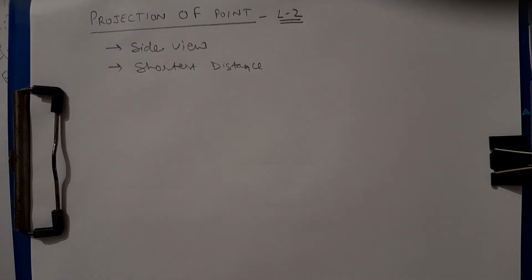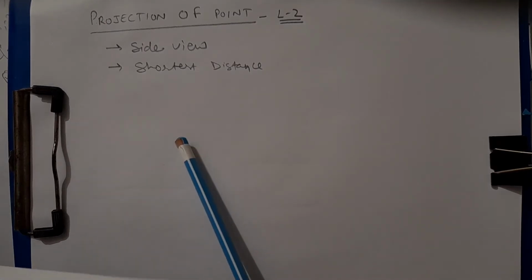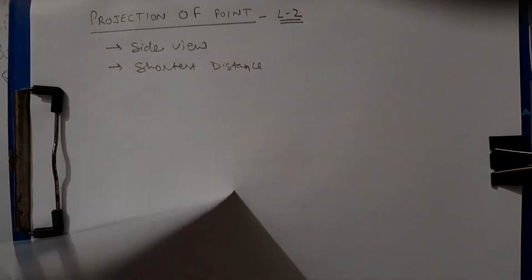Suppose this is the horizontal plane, then these two planes: one is the vertical plane, the front wall of your room, and this is the side plane. You can consider it as either the right hand side plane or the left hand side plane.